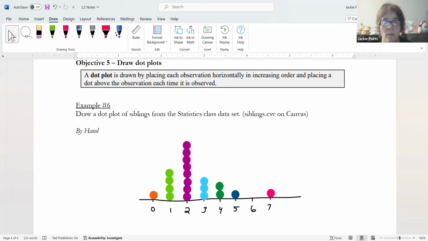But that is a dot plot. Very simple. You put the number of dots equals the frequency. And across the bottom, you would write number of siblings. Okay?